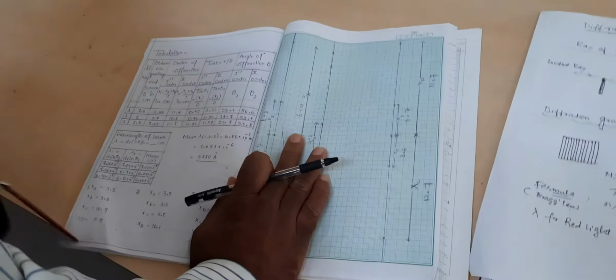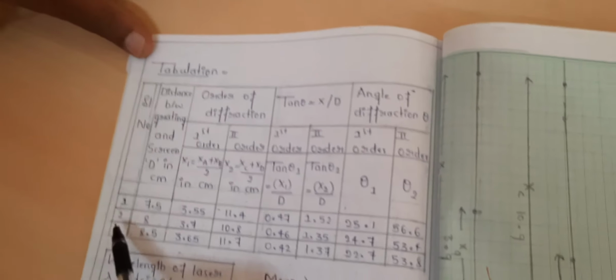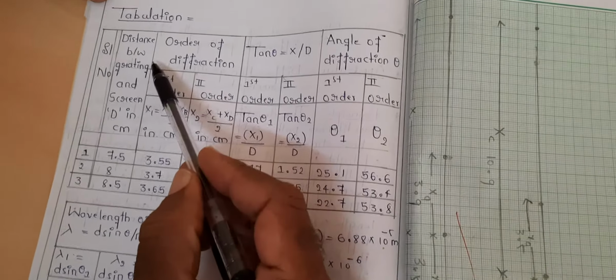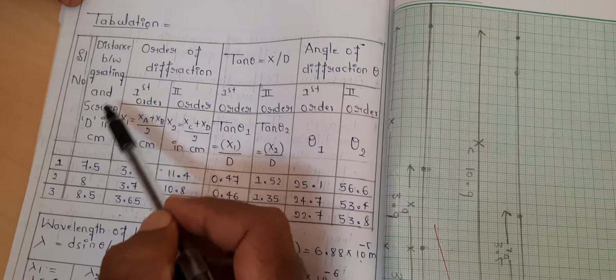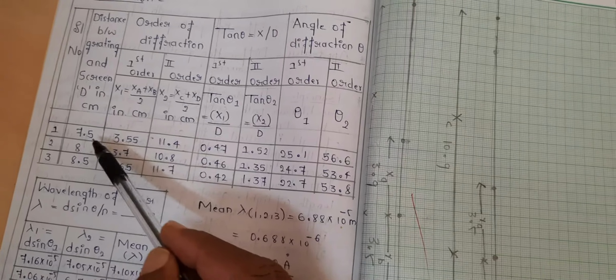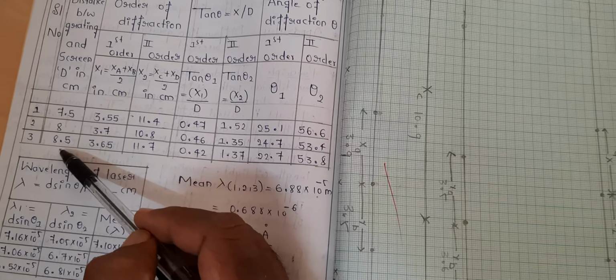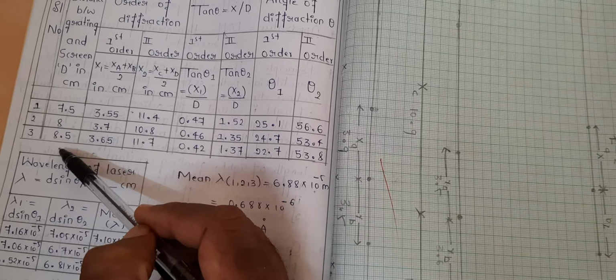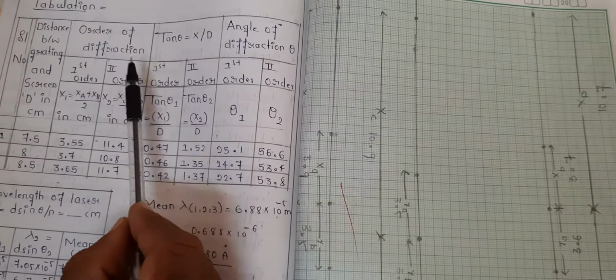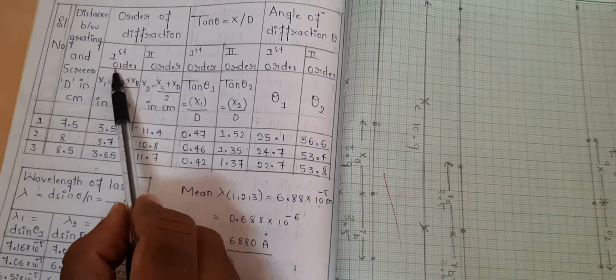Now you can see the tabulation part here. This is the serial number. I have taken 3 readings. The distance between grating and screen, capital D, varies over 3 values: 7.5, 8 and 8.5. Then the order of diffraction, first order and second order.